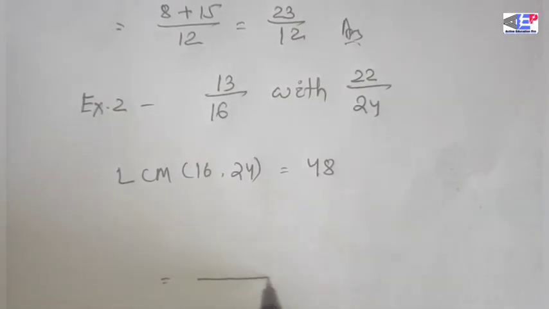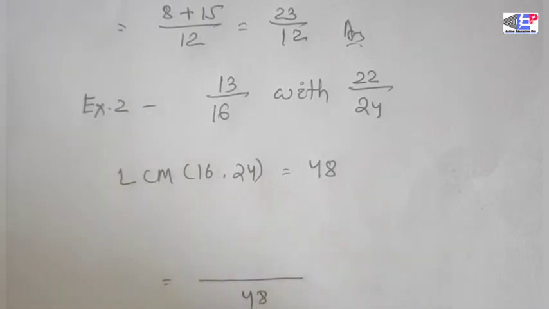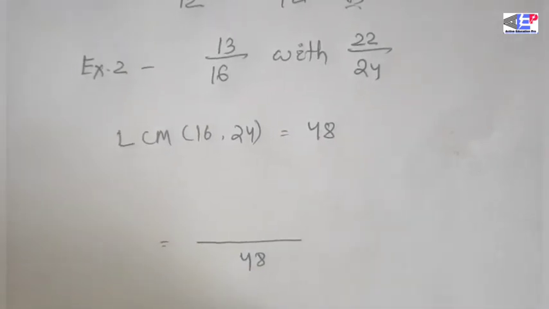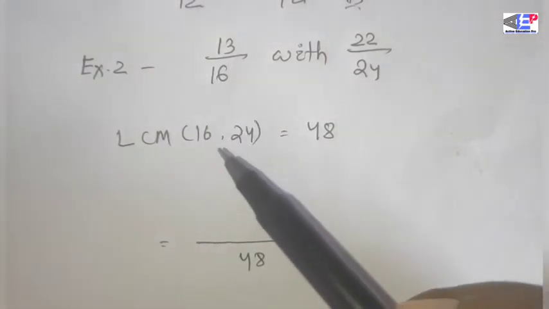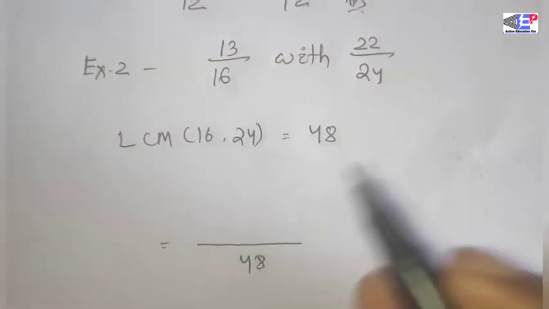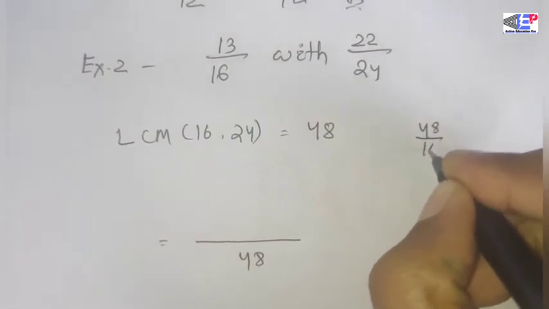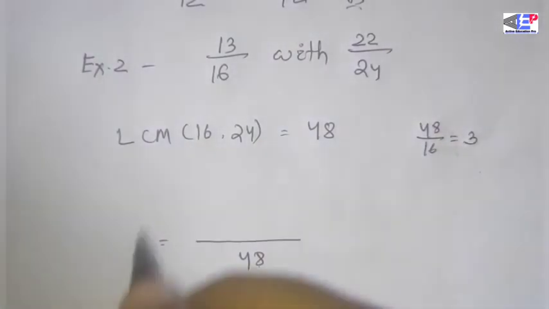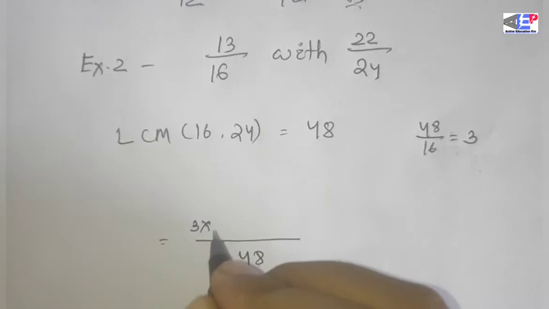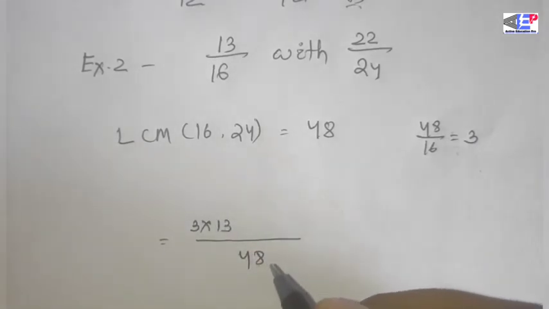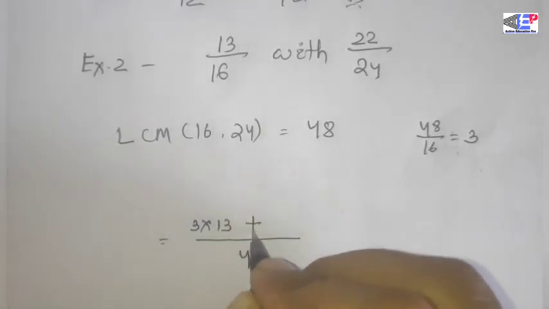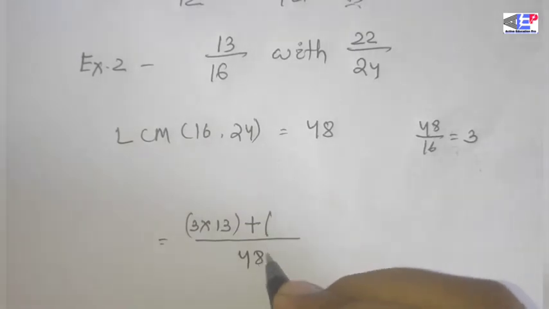So first write the LCM below, then divide the LCM by the denominator 16. 48 by 16 will be 3. 3 into 13, multiply with the numerator, and then put a plus symbol, bracket start.